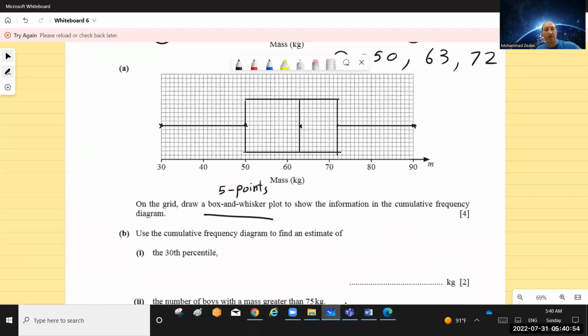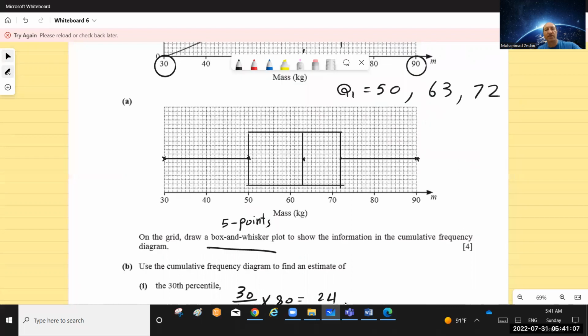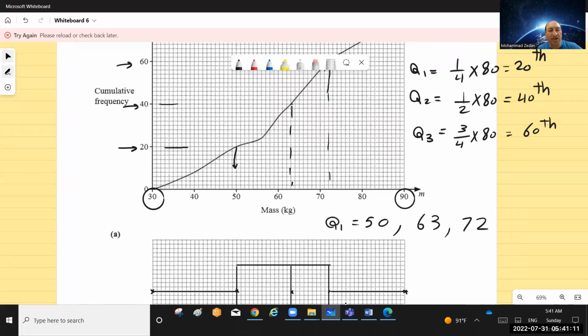After that, use the cumulative frequency diagram to find an estimate for the 30th percentile. Simply write 30% of the total number of students, 80, gives you 24. Go to the 24th value here. Each millimeter here represents 2, so 24 is at this point.